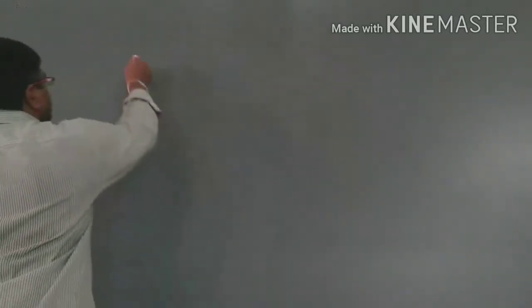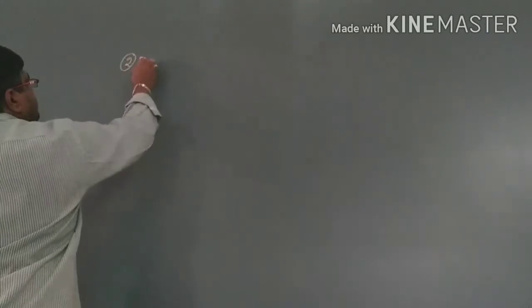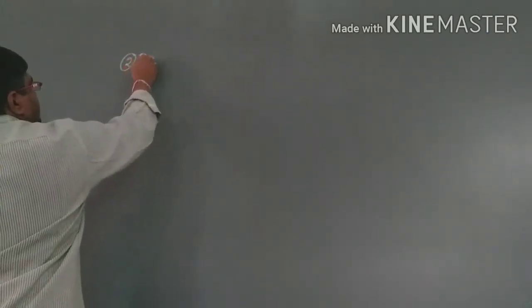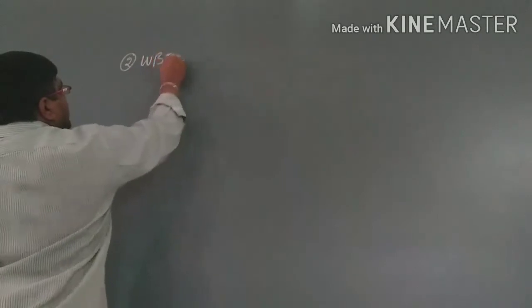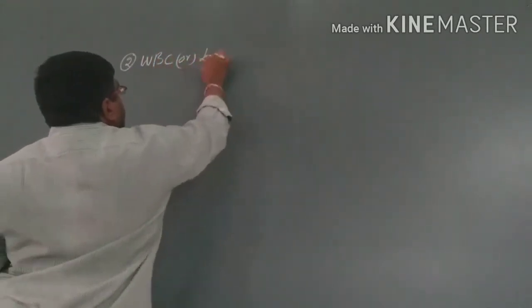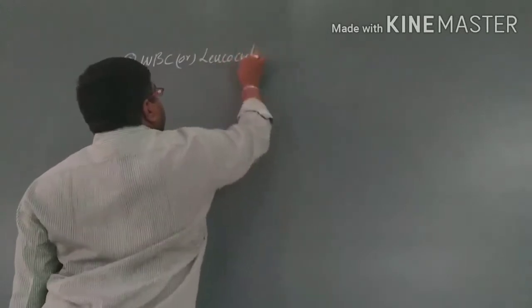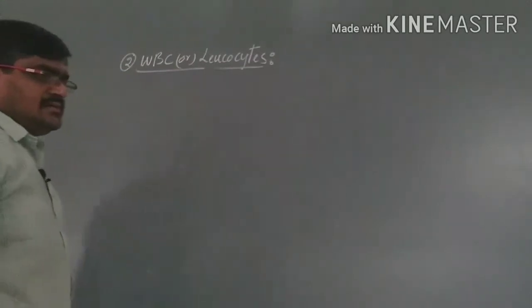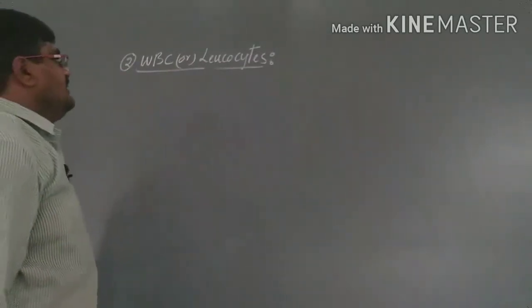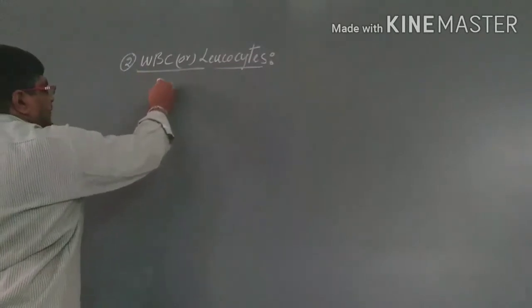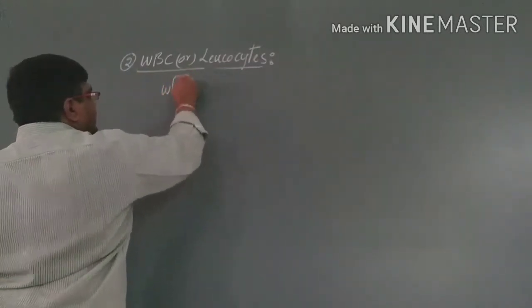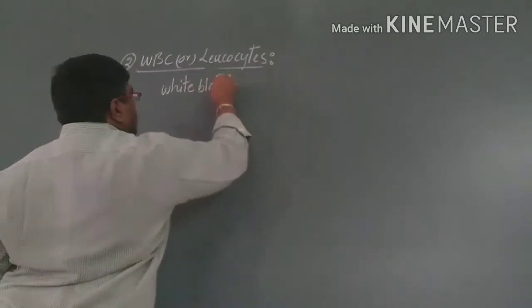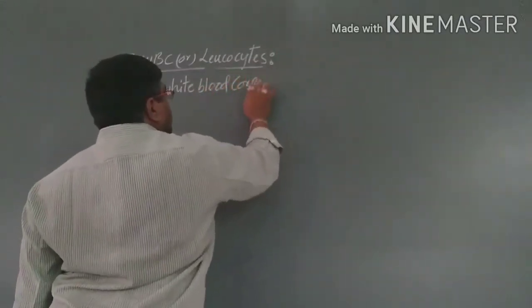WBC. Now coming to the second one, sorry, the second one is white blood cells, or otherwise you can call them leukocytes, also called white blood corpuscles.